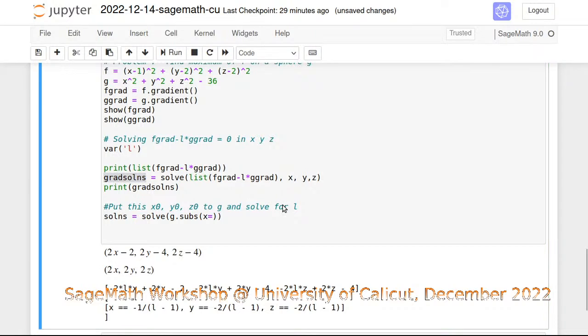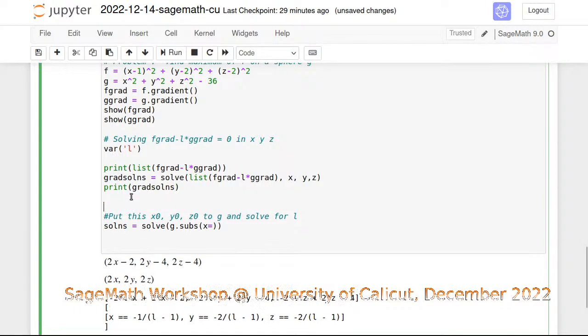There is only one value here, minus 1 by L minus 1.